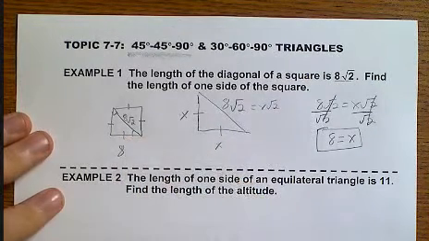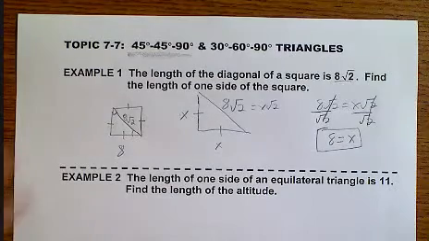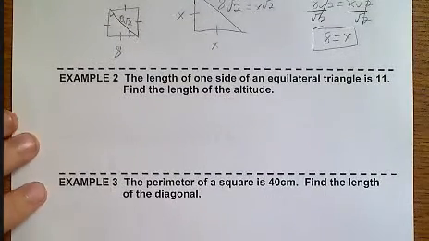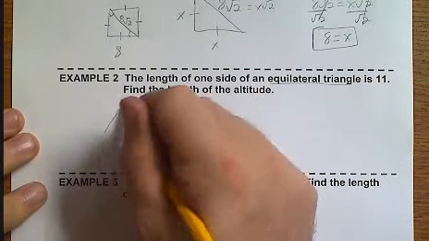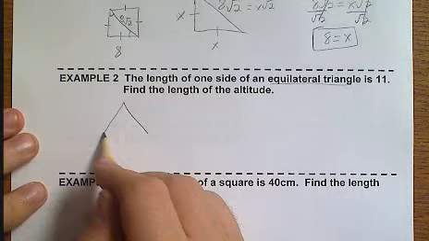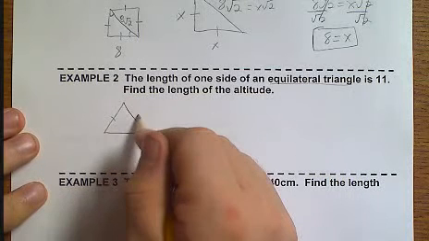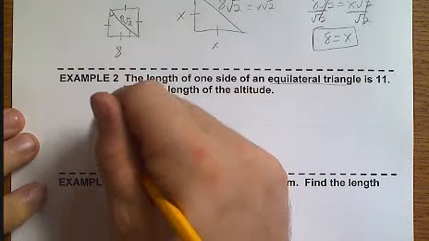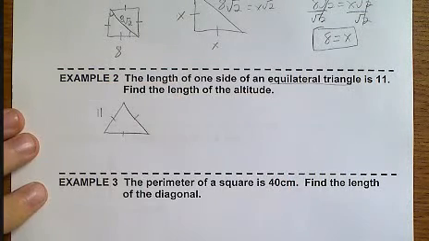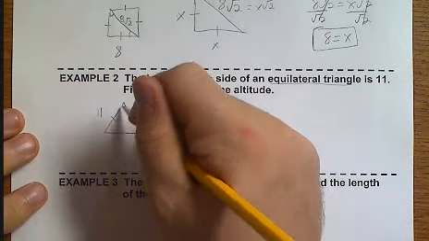We're done. Let's take a look at example number 2. Here we've got an equilateral triangle. That means all three sides are the same. And the length of one side is 11. And we want to find the altitude.